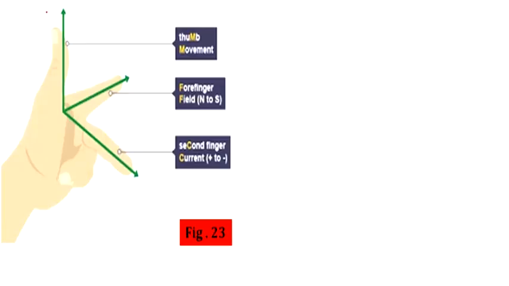In your left hand, if you position these three fingers perpendicular to each other, the thumb is for movement, the rotation, the forefinger is for the field, and the second finger is for the current direction. So if you know the current direction and the field direction, you can find the movement of the motor.